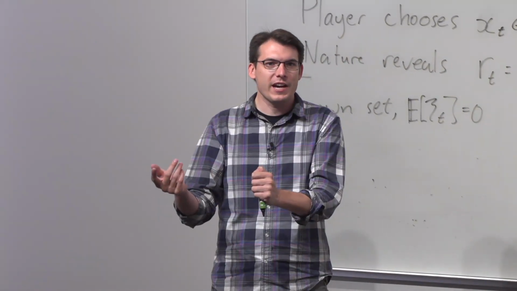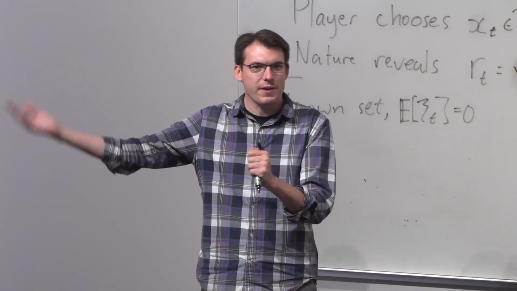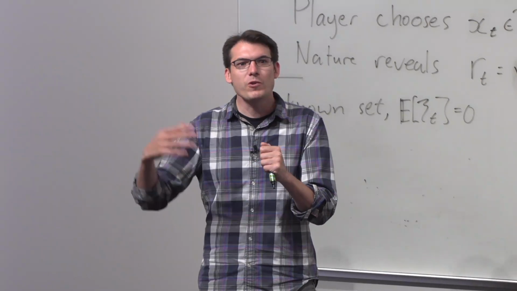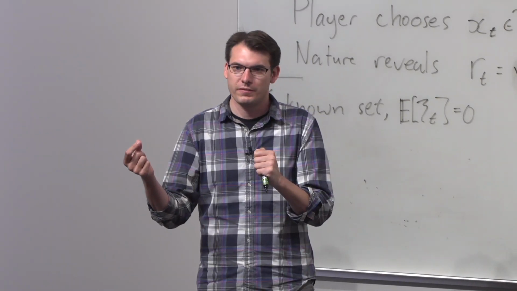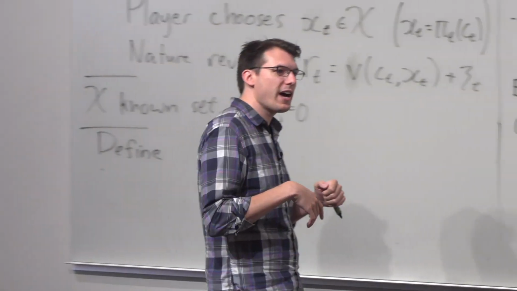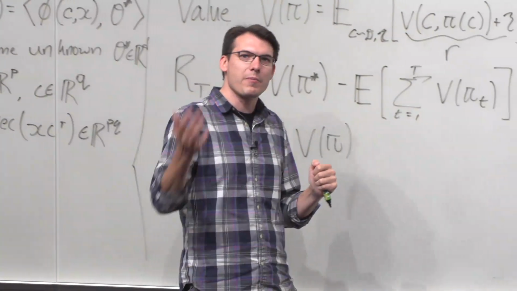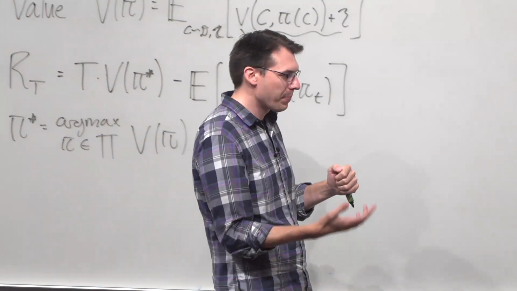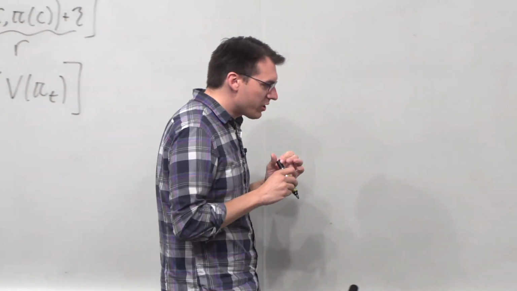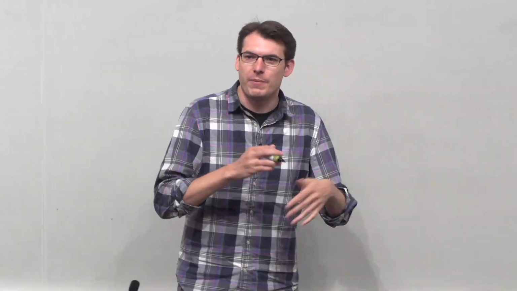And if I play that action two time steps from now or three time steps from now, I'm going to get the same IID reward. And so whether I play the action now or in the future, I'm getting the same amount of information about playing that action or arm. And so it doesn't really matter the order in which I play the arms, as long as I play all of them the same number of times.